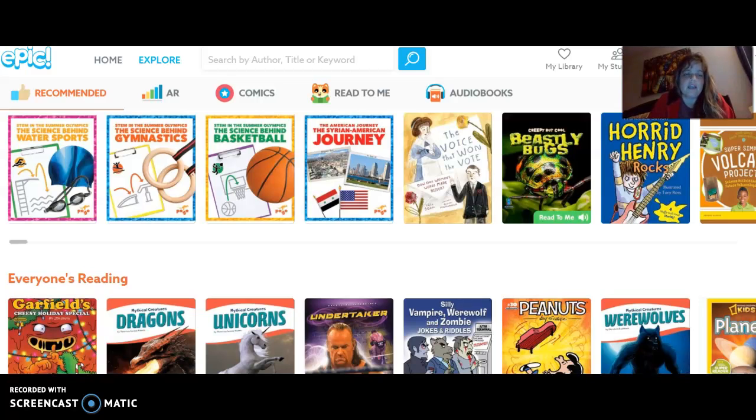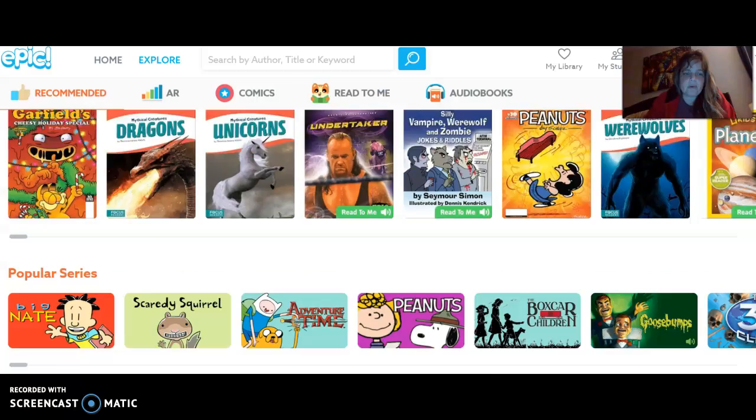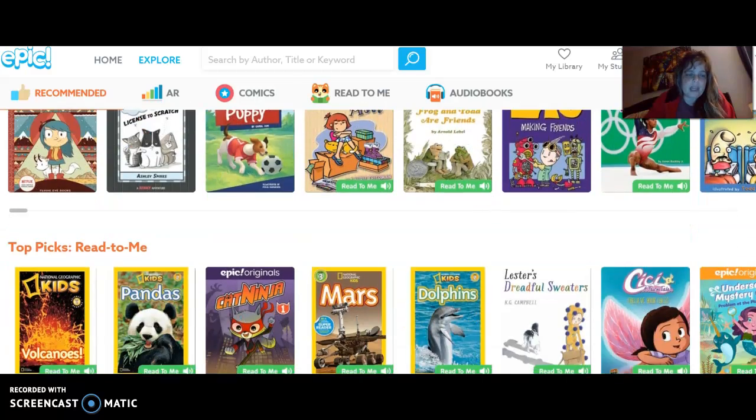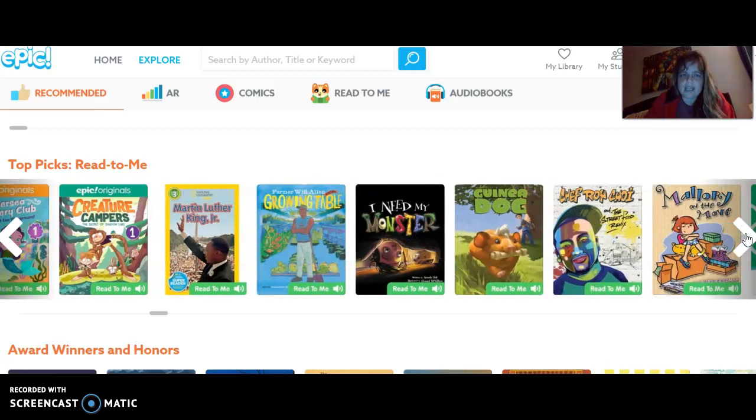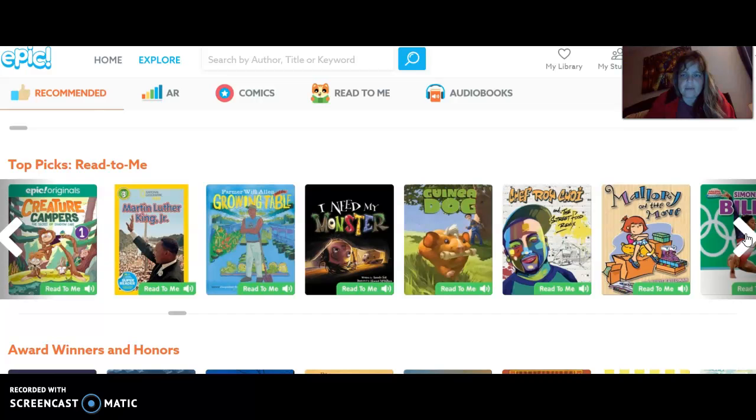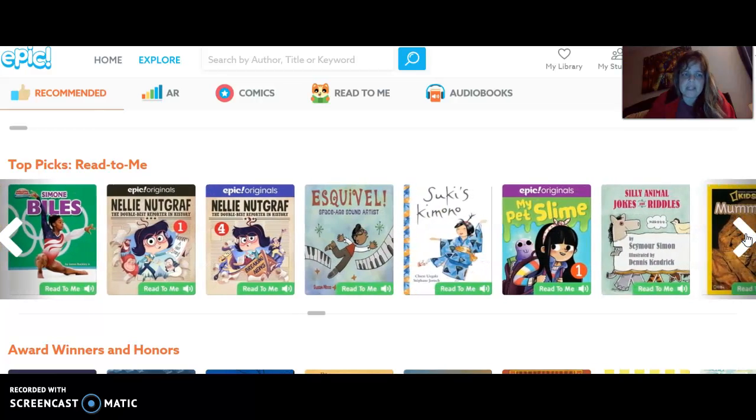So what I thought I would do is pull up a book from Epic, and our focus really is on nonfiction. So I figured I would choose a nonfiction book from Epic, and then we can talk about what we think the text structure is.